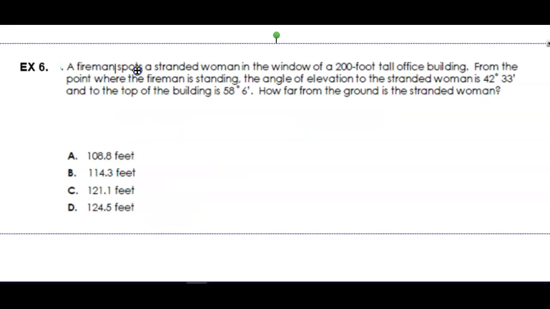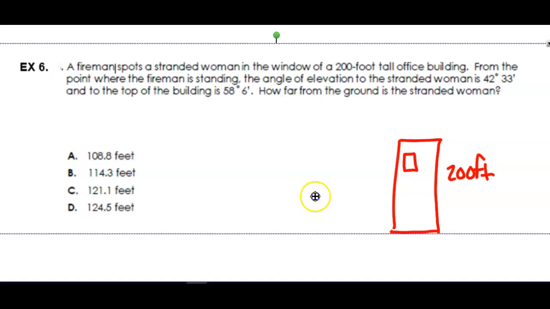A fireman spots a stranded woman in the window of a 200-meter tall, so this is 200 foot tall, I can read. She is in a window up here. Point where the fireman is standing, the angle of elevation to the woman. So where he's standing, he has to look up to the woman. 42 degrees and 33 minutes.